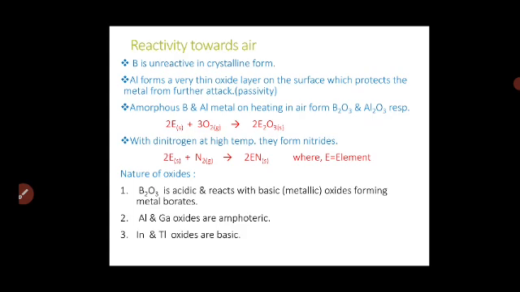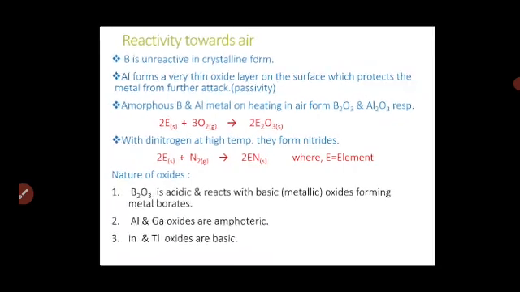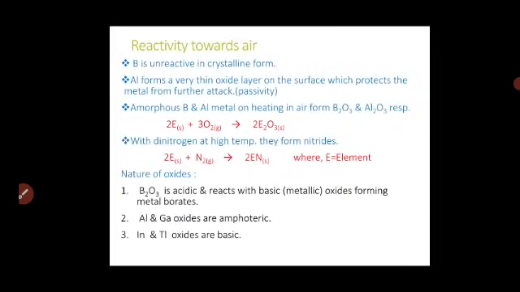Now let us see how they react with oxygen or halogen, etc. Reactivity towards air. Air means oxygen and nitrogen. Now in this there are some characteristic properties from element to element. So boron is unreactive in crystalline form, means boron does not react in crystalline form. It reacts whenever it is in the powder form.